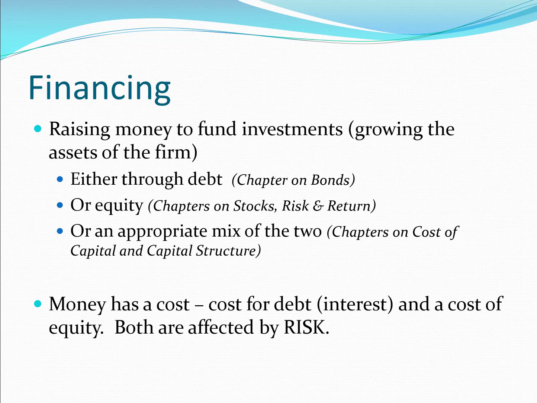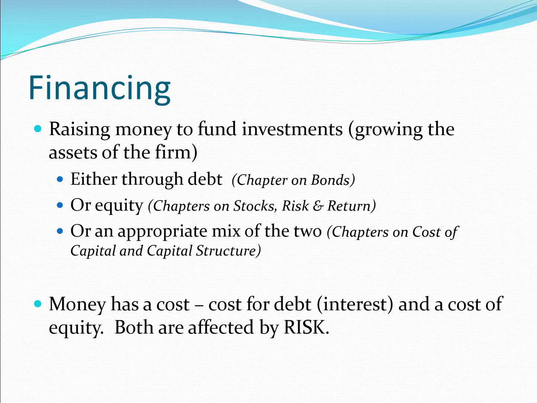Now let's talk about financing. Again, as I mentioned, financing is where we are raising money to fund the investments that the firm is making. So anytime we're growing the assets of the firm, we're going to have to pay for those assets somehow. Now we can do that through debt, and we're going to look at debt very soon when we take a look at the chapter on bonds. We can do that through equity as well.